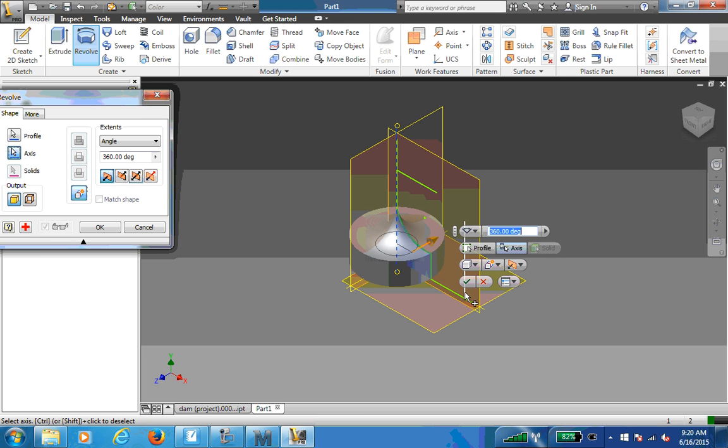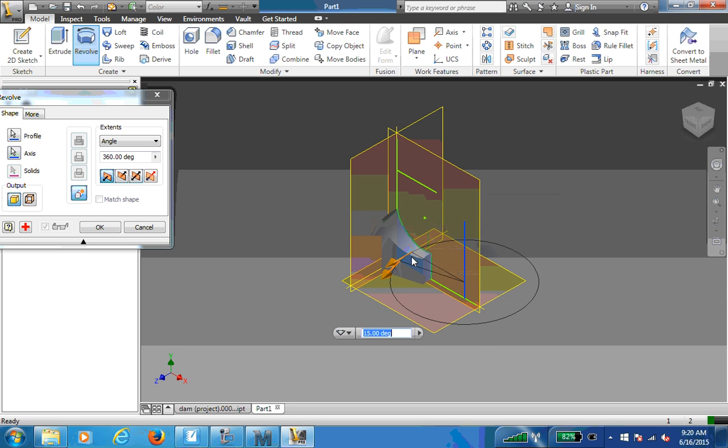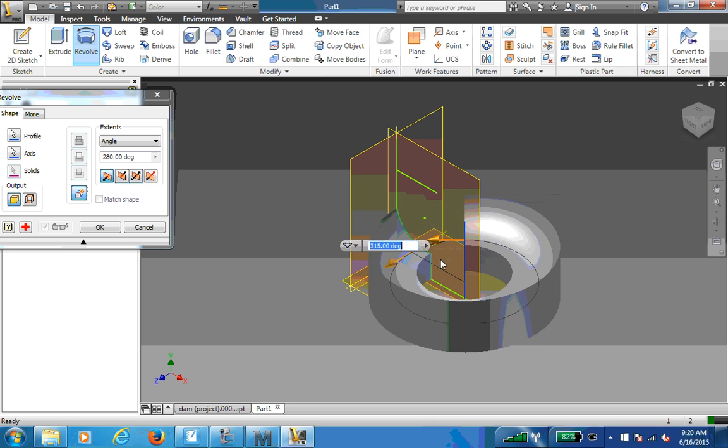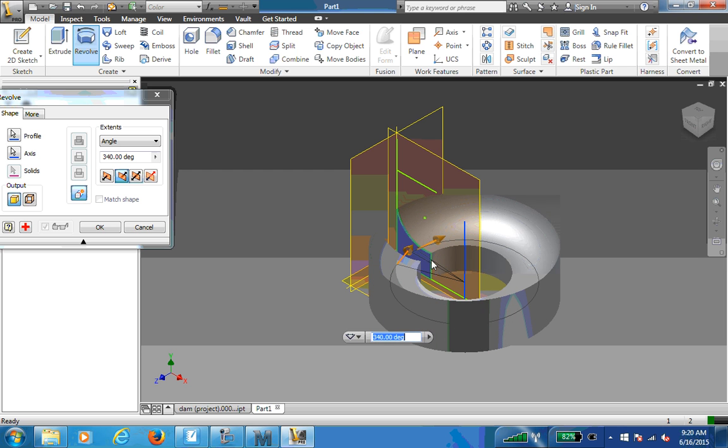Let's pick a vertical line that's not the y-axis and rotate it around. Something that looks kind of like a wheel, maybe, or an inverted donut. Of course, there's a volume to that.